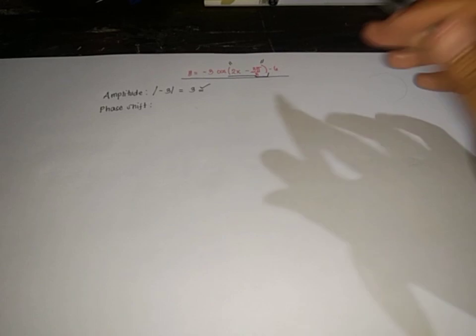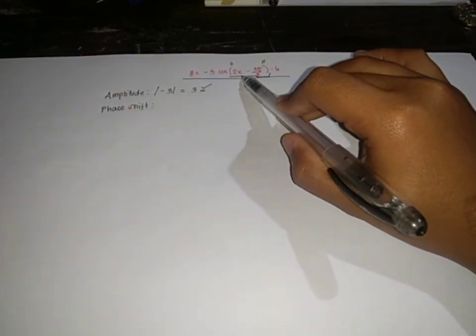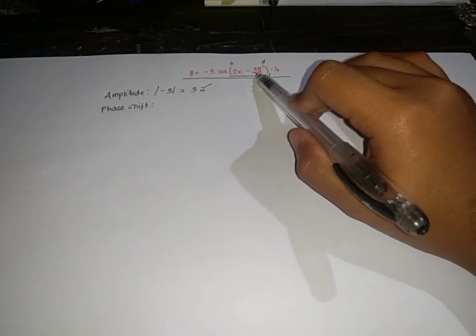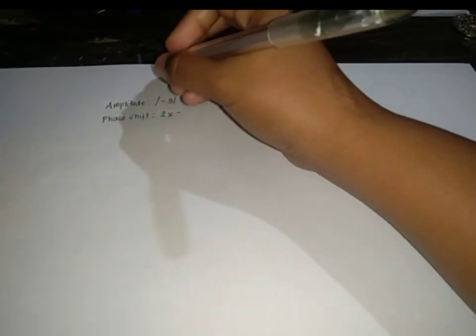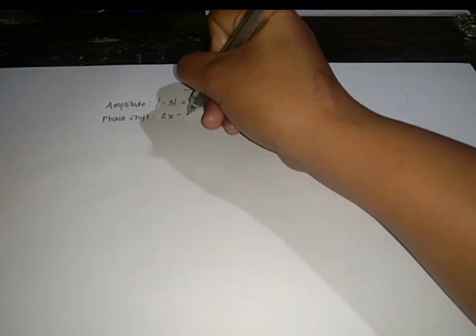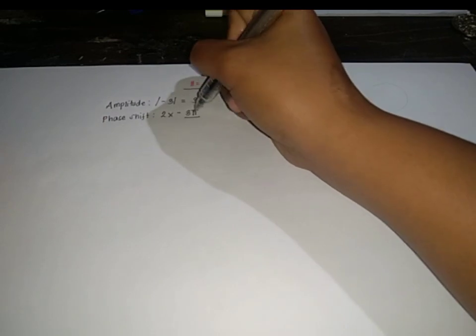We will just simply equate this expression, 2x minus negative 3 pi over 5, to 0. So 2x minus 3 pi over 5.